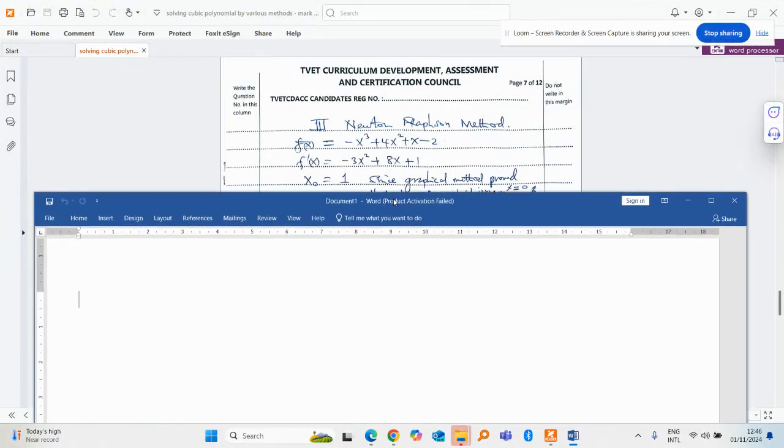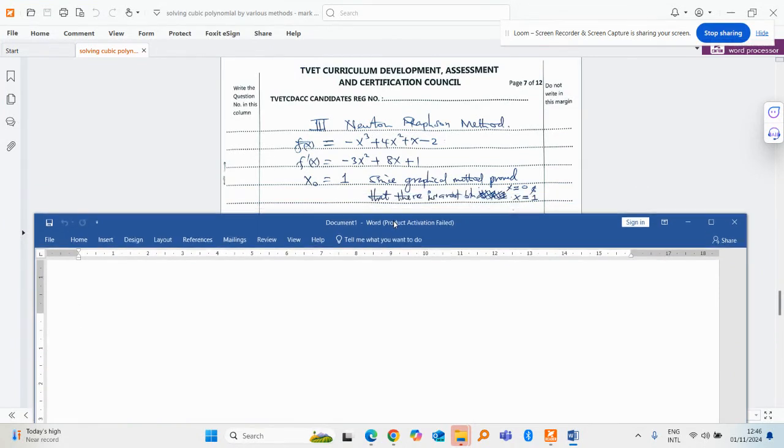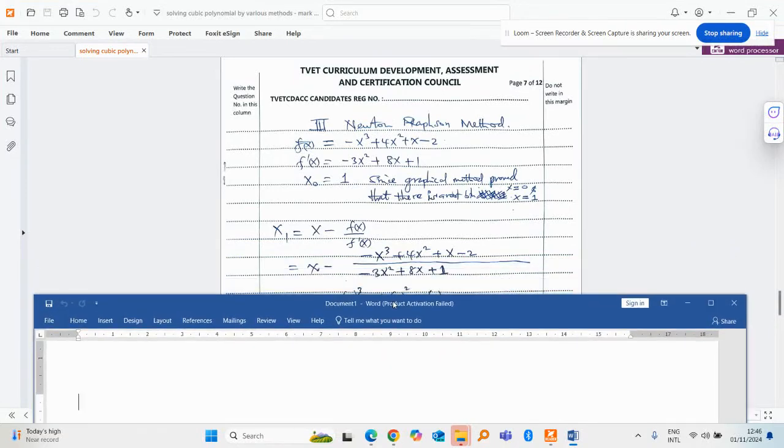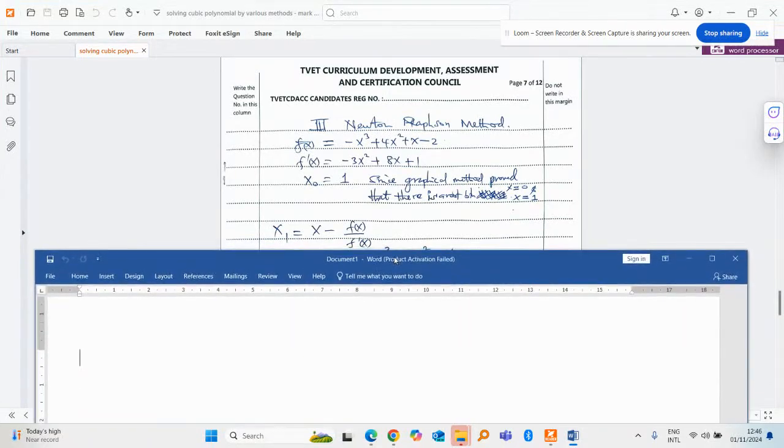Next thing is to decide the first root. That is, we decide x naught equals 1 because the graphical method has proved that there is a root between 0 and positive 1. Next is to write the Newton Raphson formula.